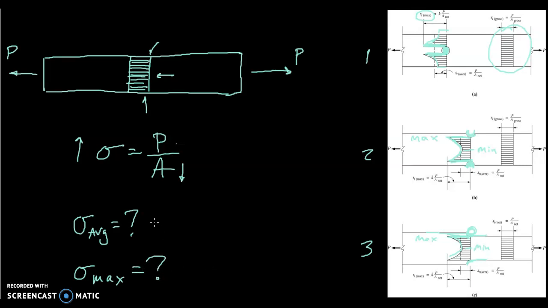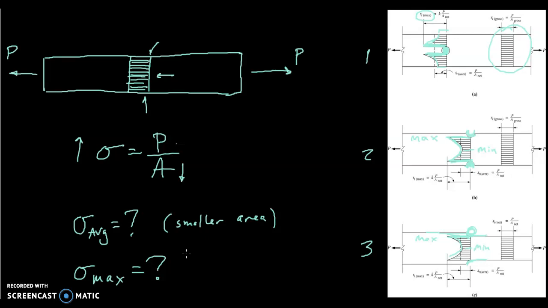So the average stress is going to be affected just because we have smaller area, and the maximum stress is going to jump up because of the interruptions to the cross-section.